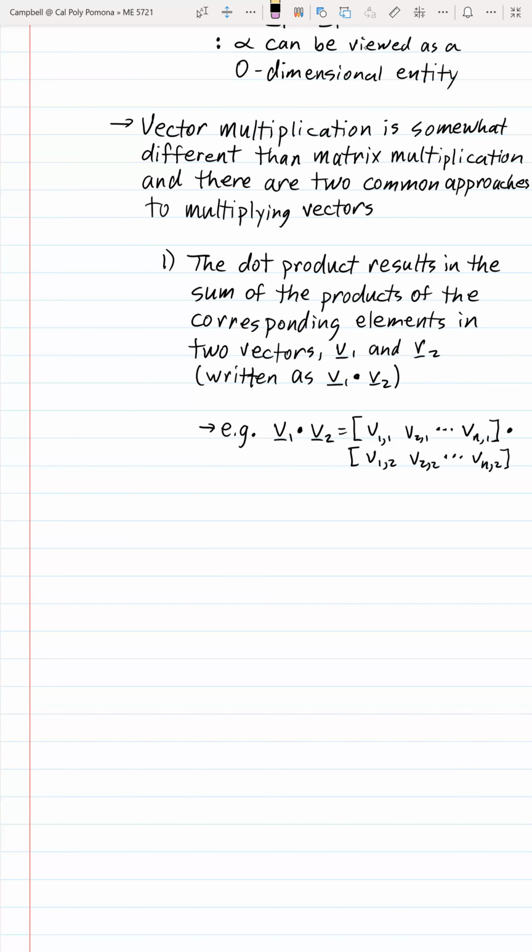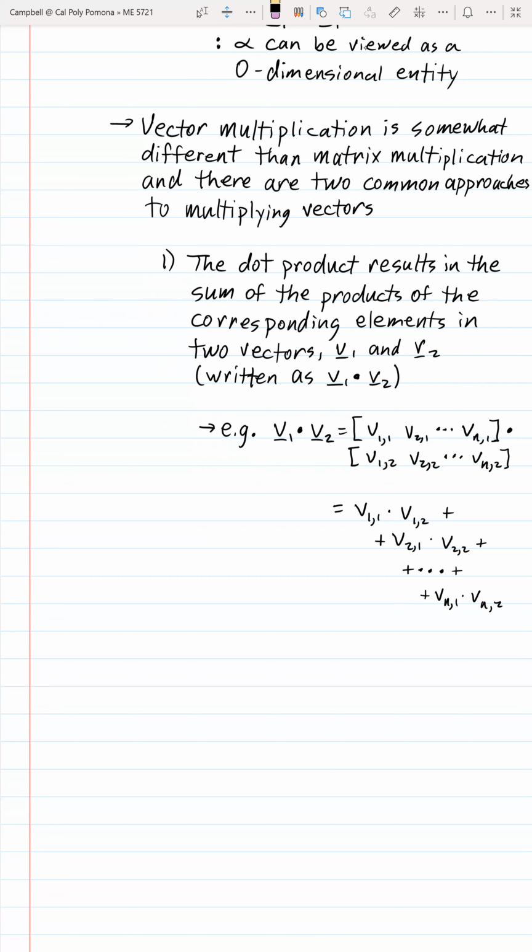And we can see that this dot product is equal to v1,1 times, here not a dot, just times, v1,2, plus v2,1 times v2,2, plus dot dot dot, plus vn,1 times vn,2.